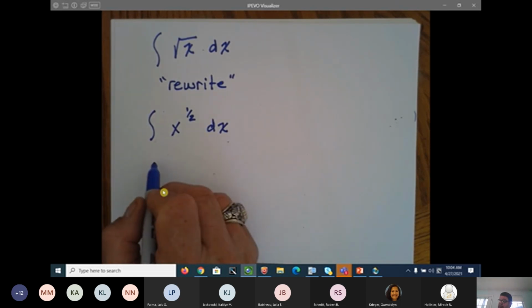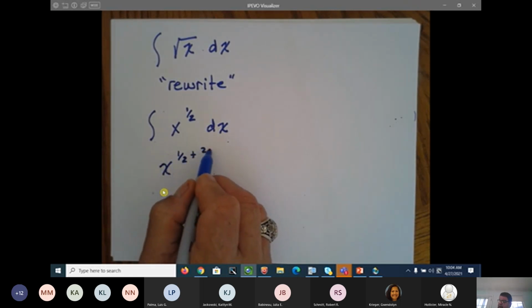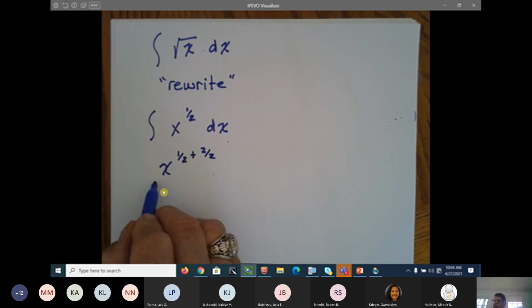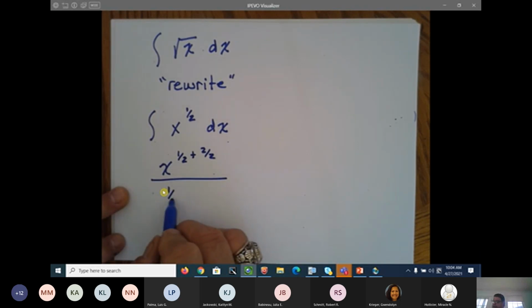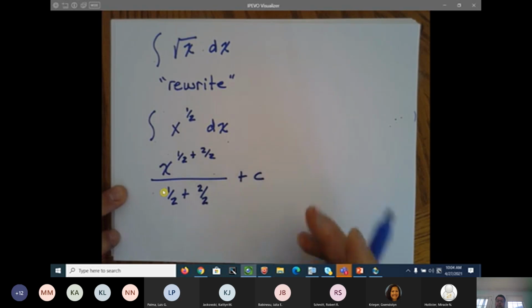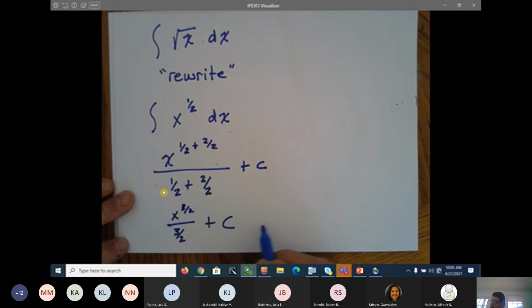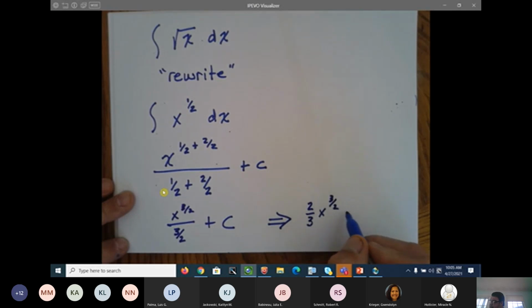And that's going to give us x to the 1/2 plus 2/2 over 1/2 plus 2/2 plus c. x to the 3/2 over 3/2 plus c. 2/3 x to the 3/2 plus c.